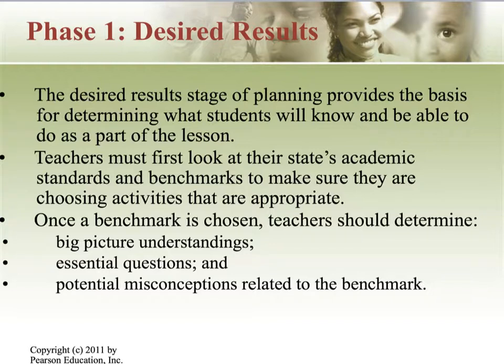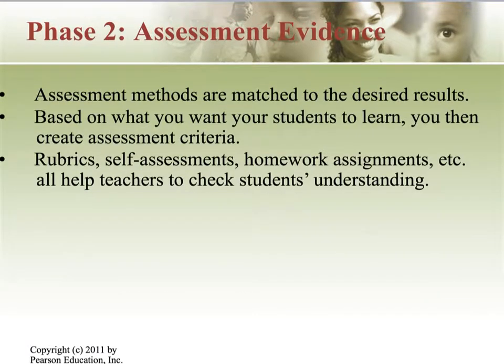Once a benchmark is chosen, a teacher should determine what is the big picture understanding, essential questions, and potential misconceptions that are related to this benchmark. So, understand what big picture understandings the student should have, what the essential questions are, and what potential misconceptions are related to the benchmark.